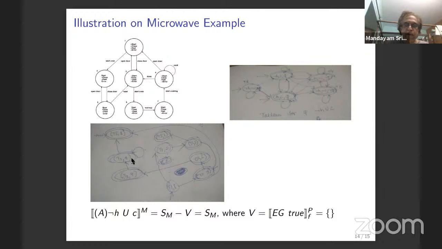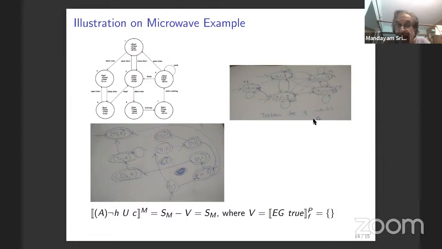T3 is a fair state that happens infinitely often, and so are T2 and T3, while T1 is not. So all these are fair. There is also a loop from here. There are several fair paths starting from T1.